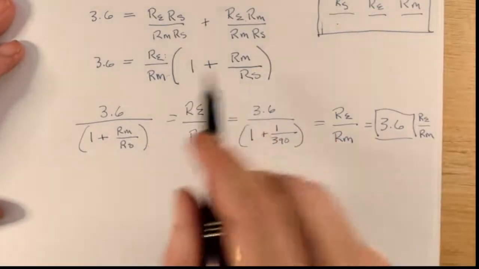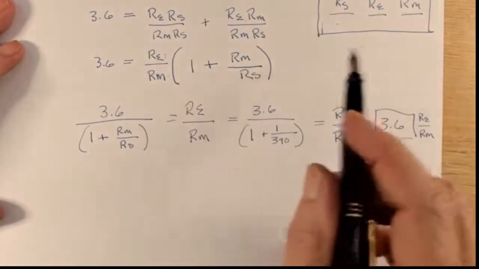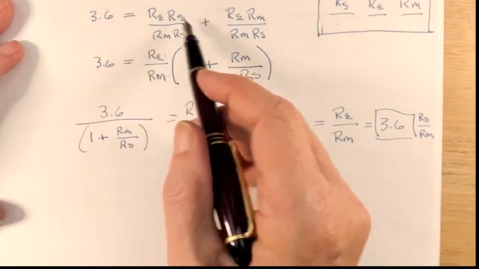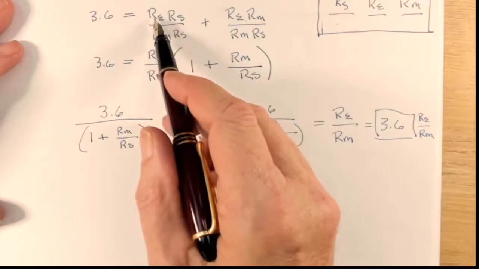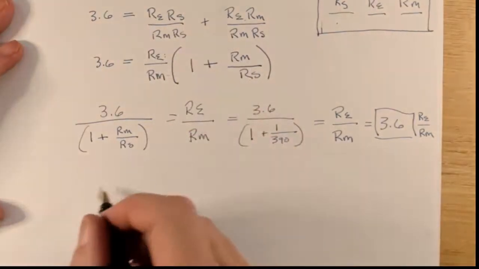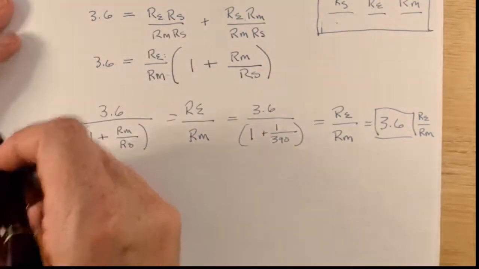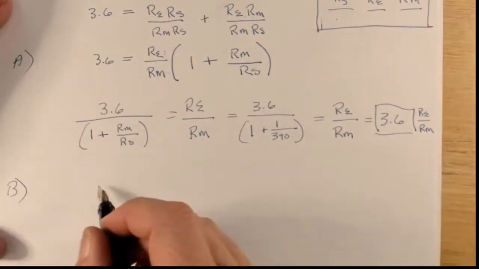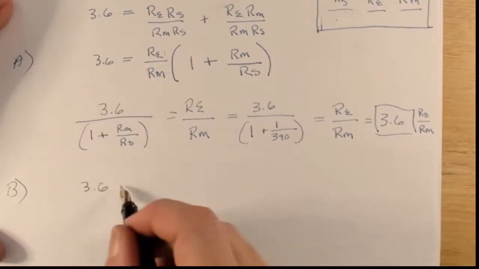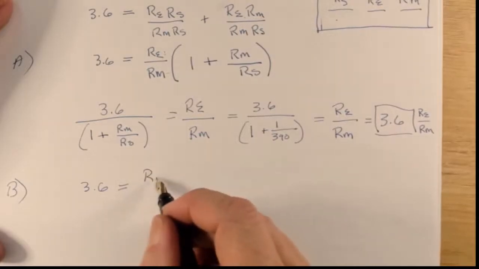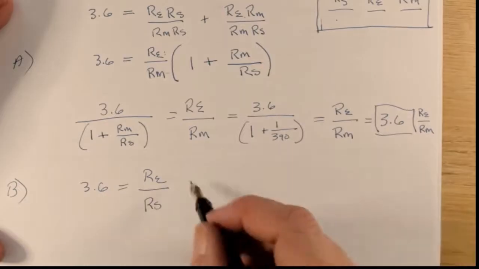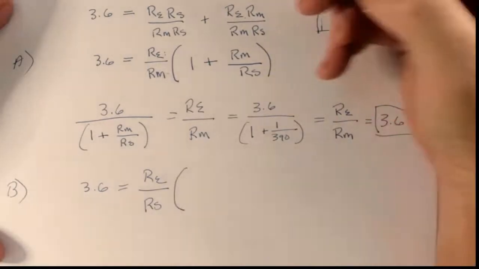Now, we can do exactly the same thing with the radius of the Sun and the radius of the Earth. So, we can pull out the radius of the Earth, and we can pull out the radius of the Sun. So here's A. Let's go down here to B. So 3.6 equals the radius of the Earth over the radius of the Sun times, well, what?